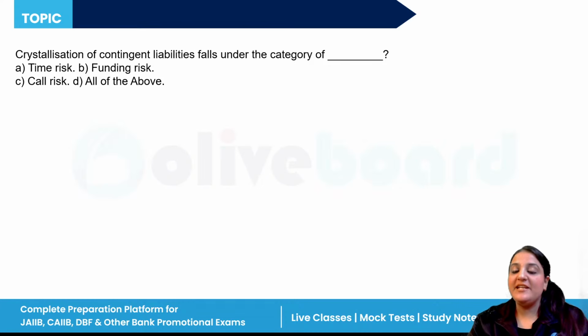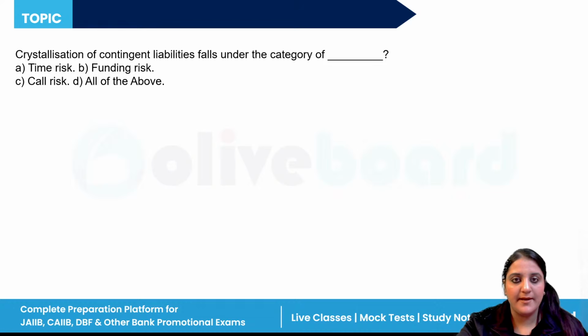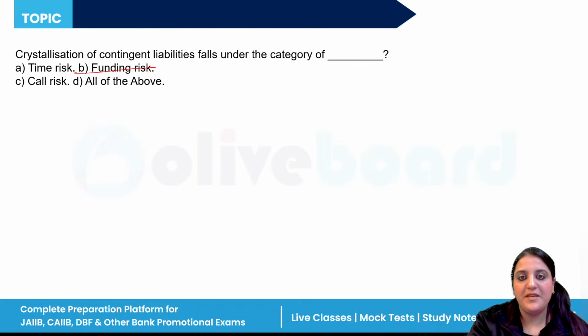Funding risk is the risk that arises from the need to replace net outflows due to some unexpected withdrawal. So the answer is option B, funding risk.